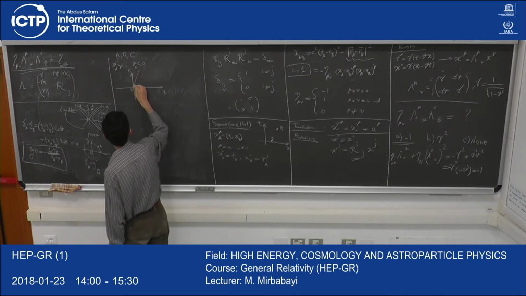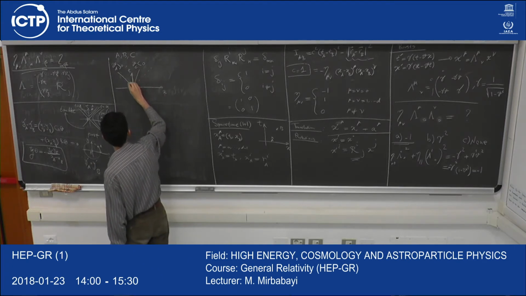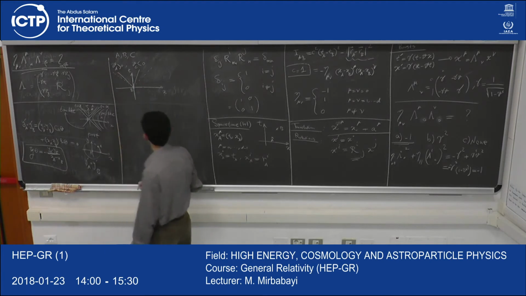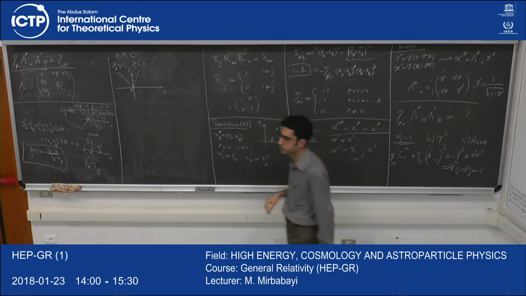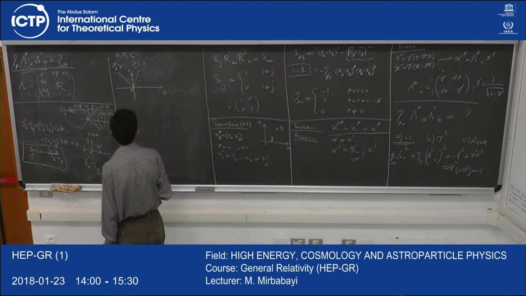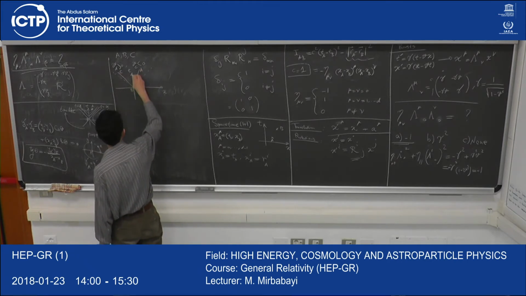And then for Charlie, it will be another line. And these velocities are subluminal, which means that the slopes of both these lines are larger in magnitude than one. Okay, so these are the world lines of Alice, Charlie, and Bob.